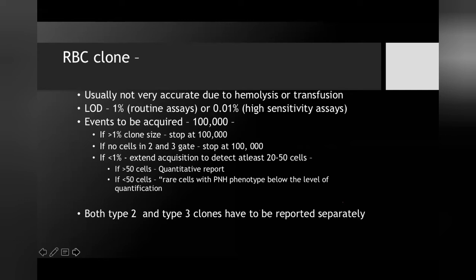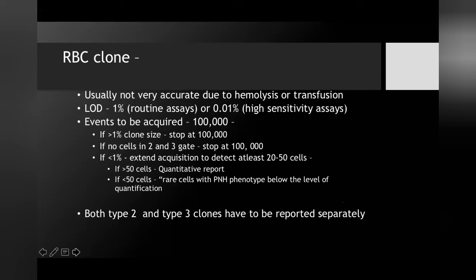So you have to be very sure when you are analyzing your RBCs, the history of transfusion has to be taken. Now for RBC clone, the lower limit of detection is 1% for routine assays and 0.01% for high sensitivity assays. A practical guide is that if you analyze 1 lakh events and you get a clone of 1%, then you can stop.